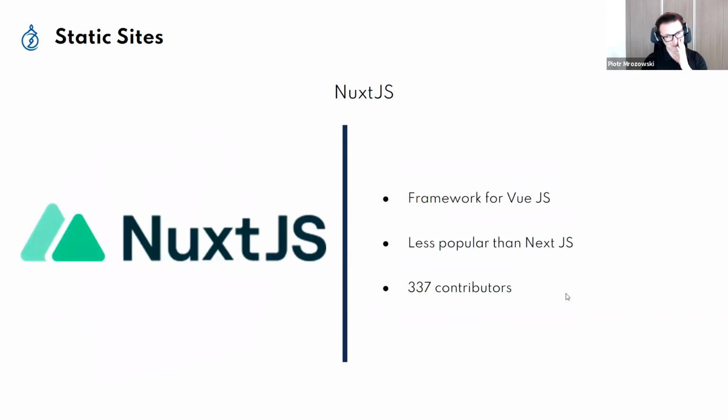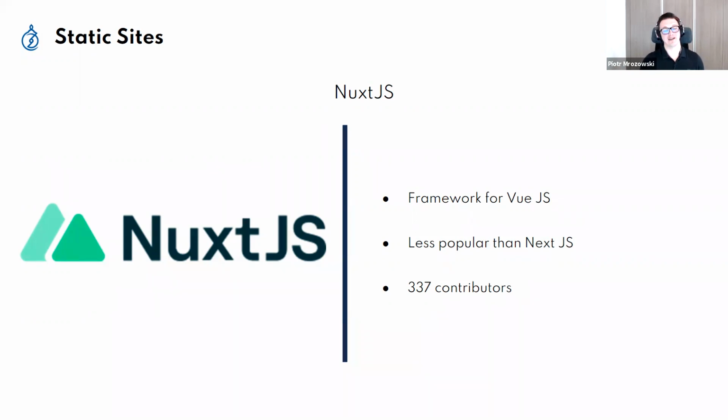Nuxt.js, which is another framework for Vue.js. If you can say that VuePress is comparable to Gatsby, then Nuxt is comparable to Next. I mean, they even stole the name. I'm not accusing them of stealing the name, it's not what I said.